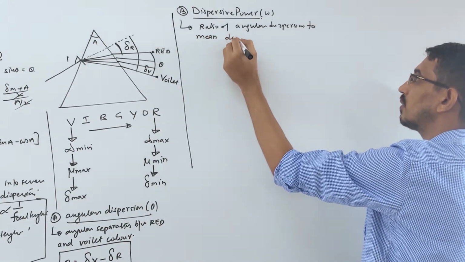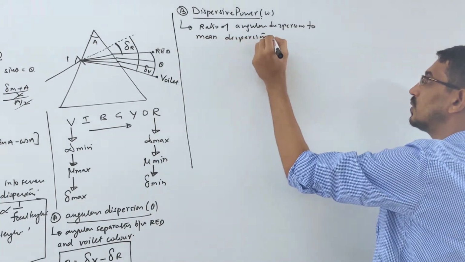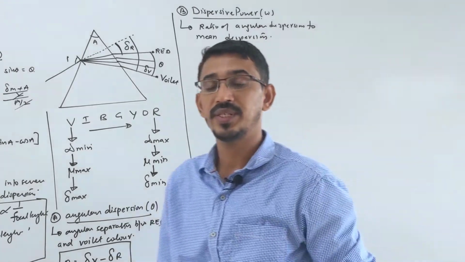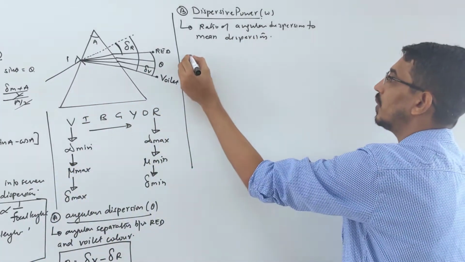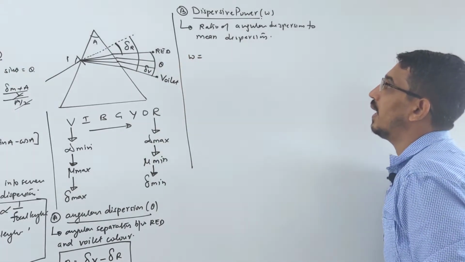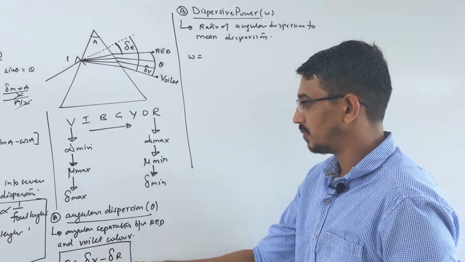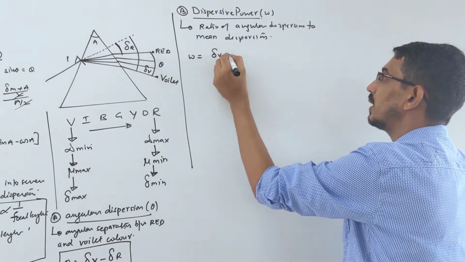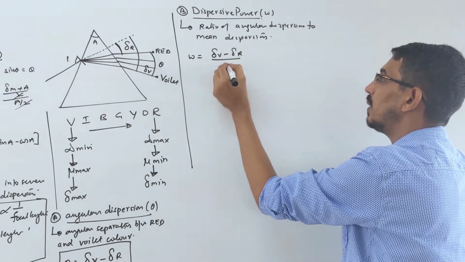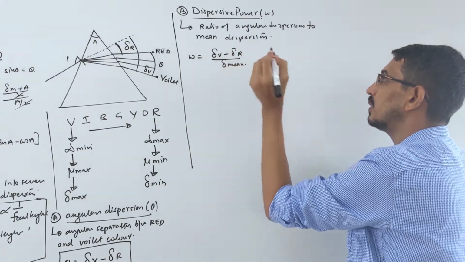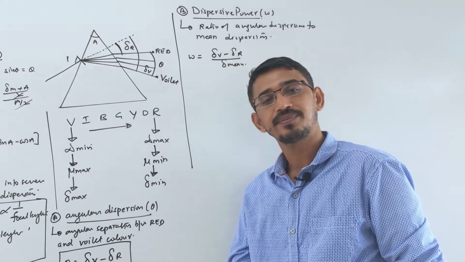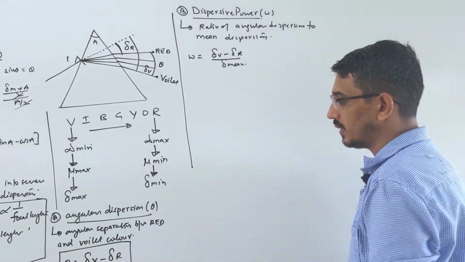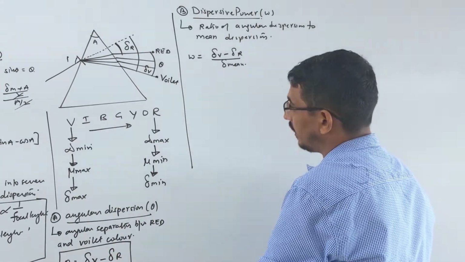So that ratio is called your dispersive power. From the definition, you say that omega should be equal to the angular dispersion, meaning delta of the violet color minus delta of the red color, divided by delta of the mean. That's your omega. Or if you want to write it in terms of refractive index, the angular dispersion is already here.